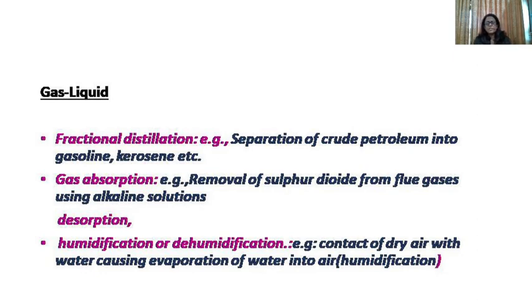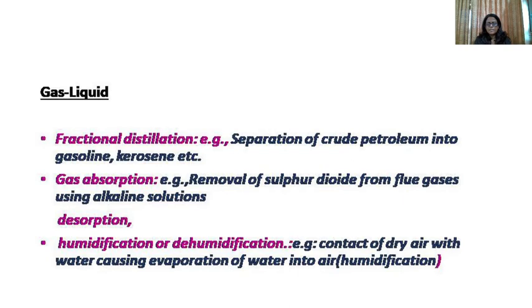Humidification and dehumidification are the operations that involve the transfer of material between a fixed gas and a pure liquid phase. That means the liquid phase is always a single component phase, so we don't see any resistance to transfer within the liquid phase.